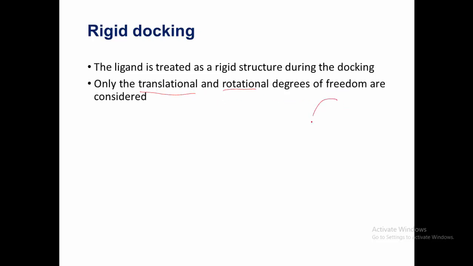So that means conformational changes are not considered. That just means the localization of the ligand in the binding site: in or out, up or down, left or right. We just move the compound in, out, up, down, left, right only, but there is no rotation about sigma bonds.